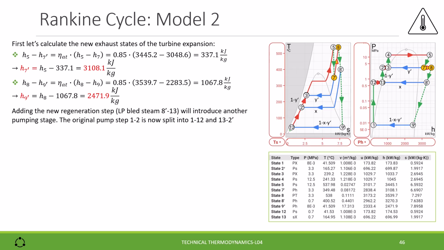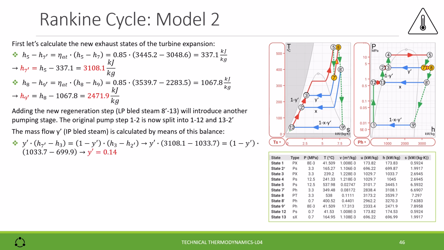Since we adopt now a new regeneration step, the low pressure bled steam 8 prime 13, we introduce another pumping stage. The original pump step 1-2 is now split into 1,12 and 13,2 prime. The mass flow Y prime, that is the intermediate pressure bled steam, is calculated by means of this balance.